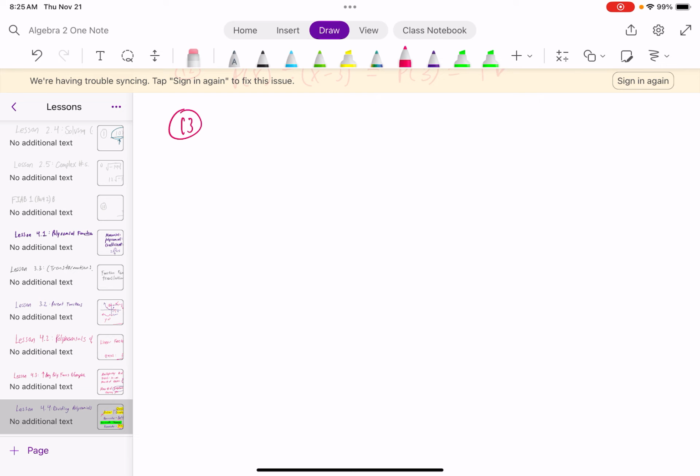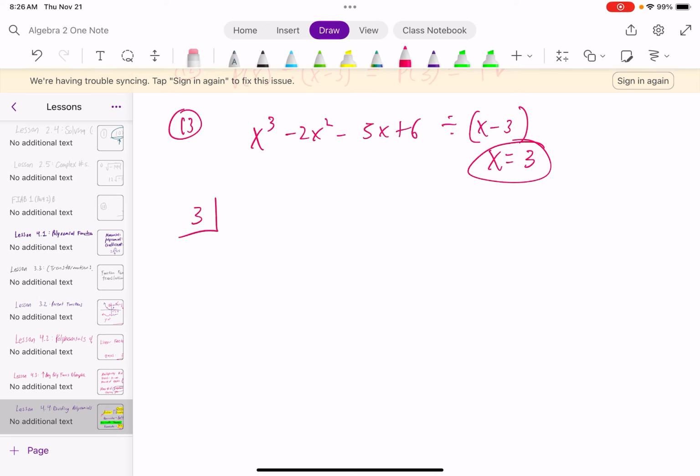X equals 3 is a 0. Find other zeros algebraically. Well, basically you have x cubed, and they tell you that your x is 3, so that's what you're going to divide by.